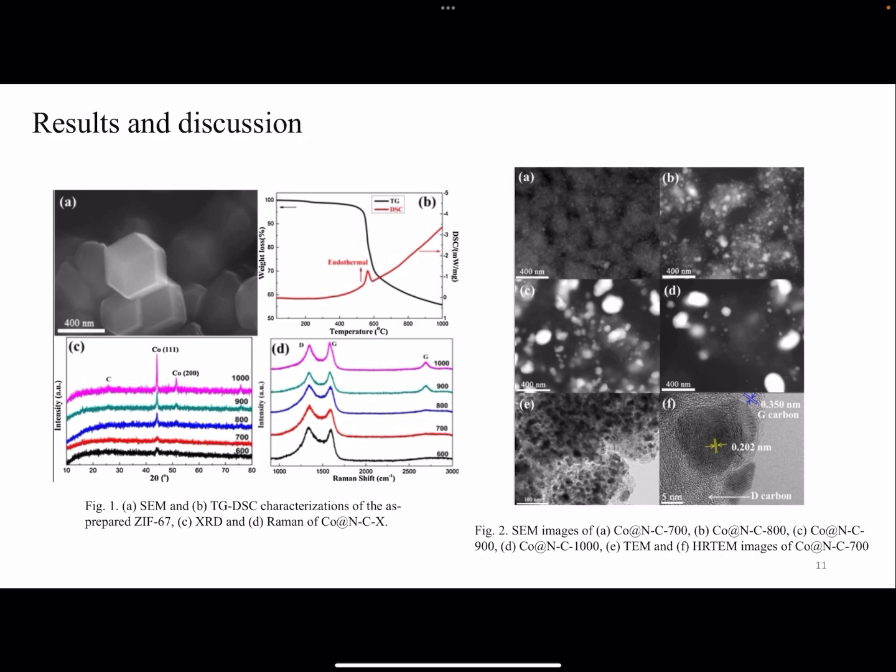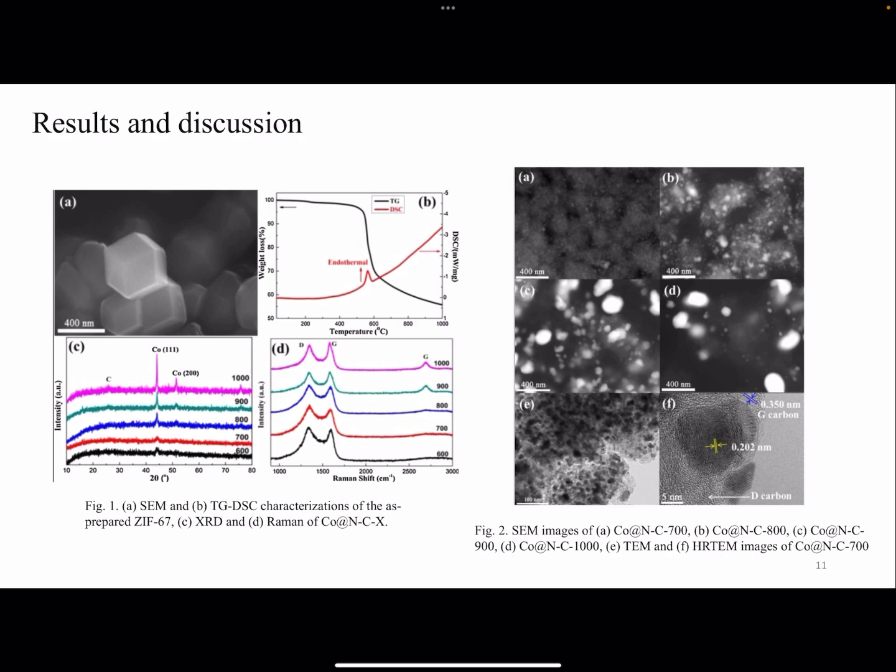And image C is the XRD patterns of ZIF-67 at different pyrolysis temperatures. And we can see 600 and 700 degrees Celsius exhibit weak diffraction peaks in the range of 10 to 80 degrees, which means cobalt species are highly dispersed.